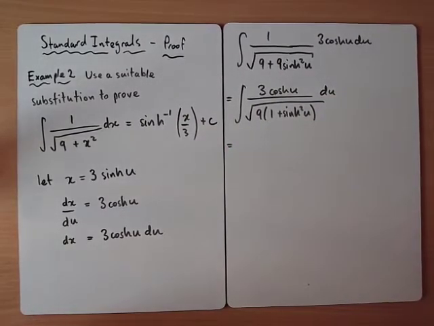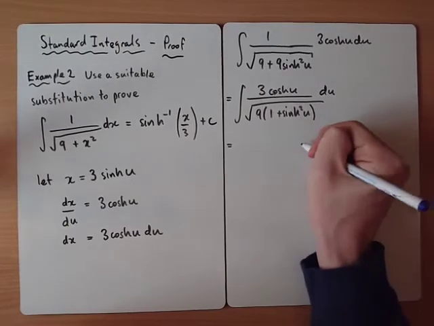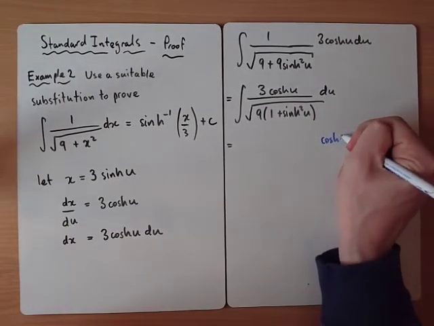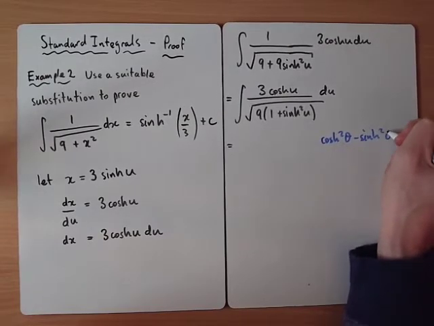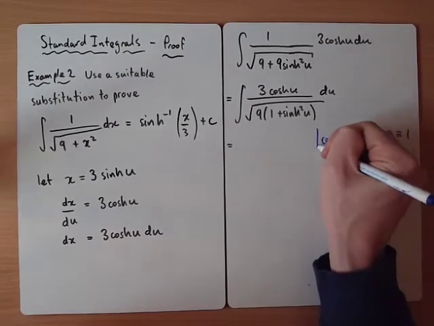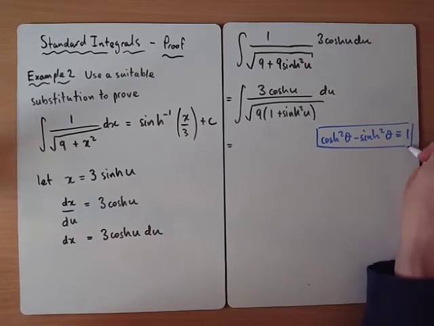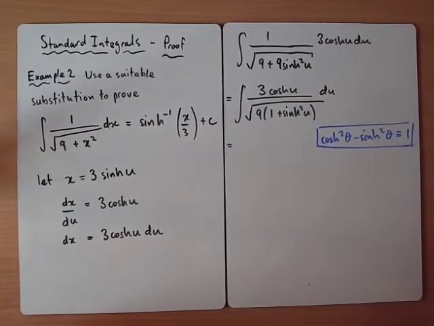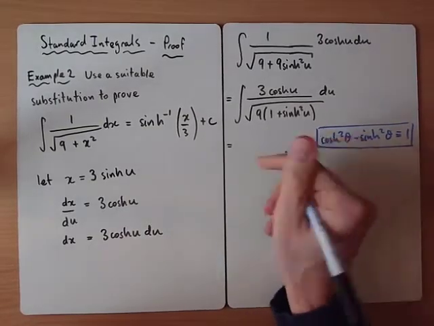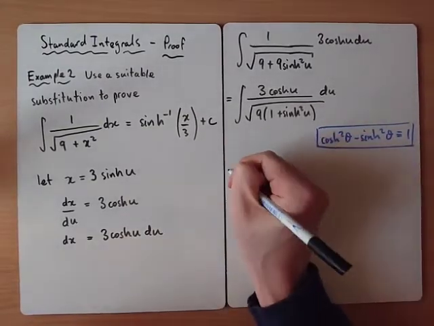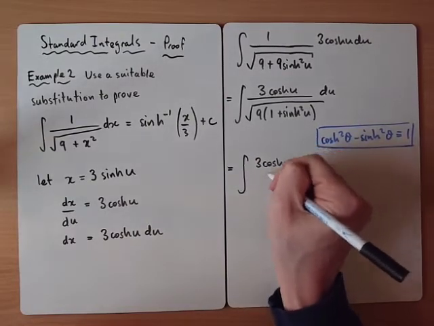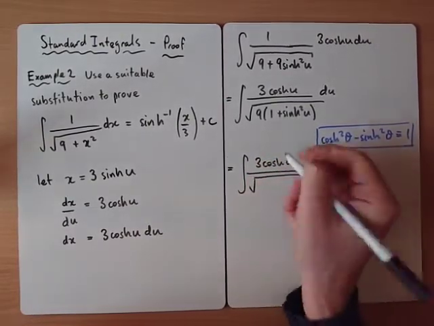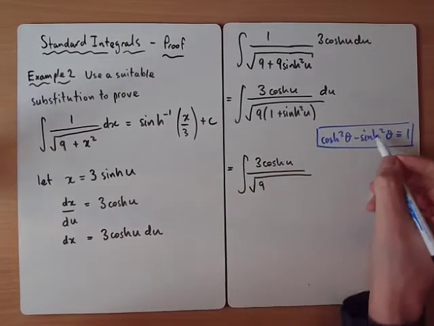The identity that we're going to use for this one, we know cos squared minus sine squared is equal to 1. So that would allow us to replace this as 9 cos squared.